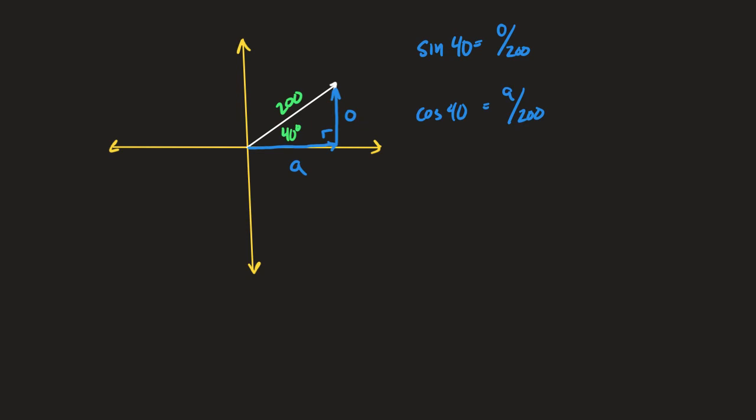So I'm skipping some of the steps from looking at triangles because I'm assuming you guys are making yourself proficient. The opposite side is going to be 200 sine 40. And the adjacent side is going to be 200 cosine 40.